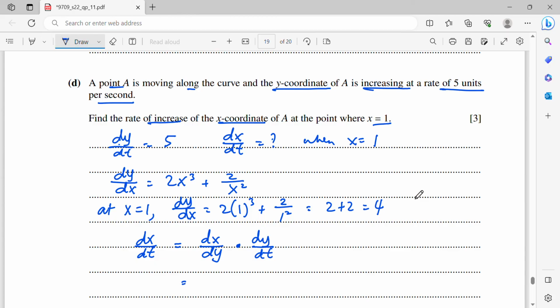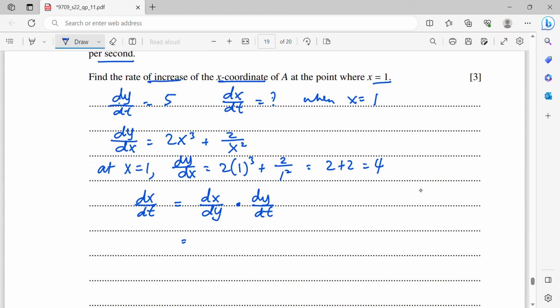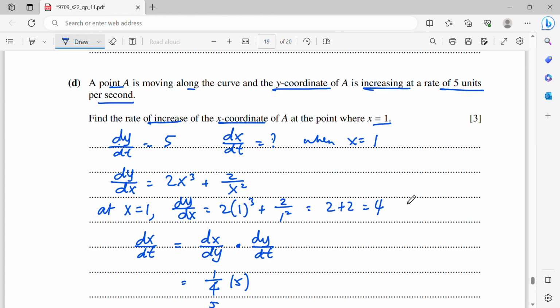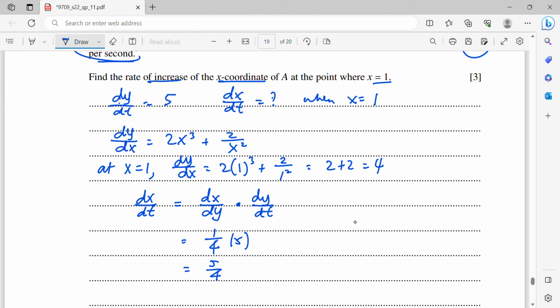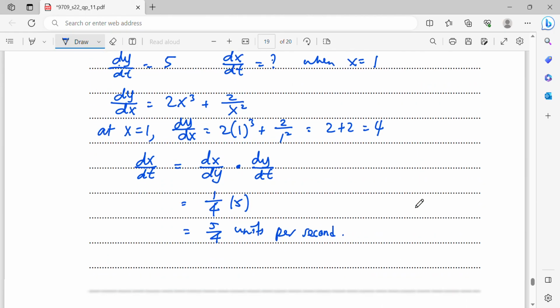So dx over dy is 1 over dy over dx. Therefore, it is 1 over 4. dy dt is 5. Here I get 5 over 4. The unit is units per second. Okay, so that is the rate of the increase because we are getting positive 5 over 4.